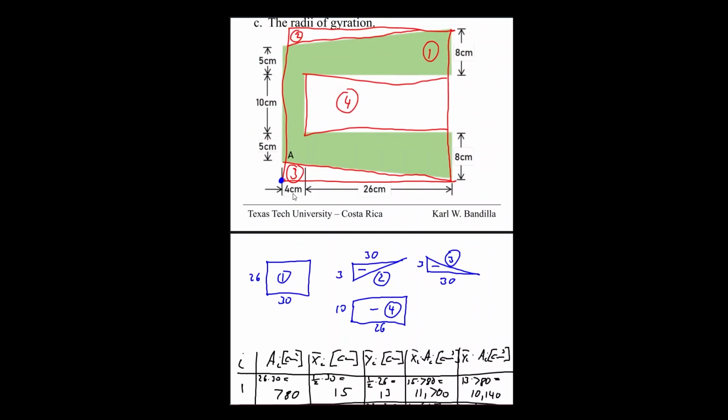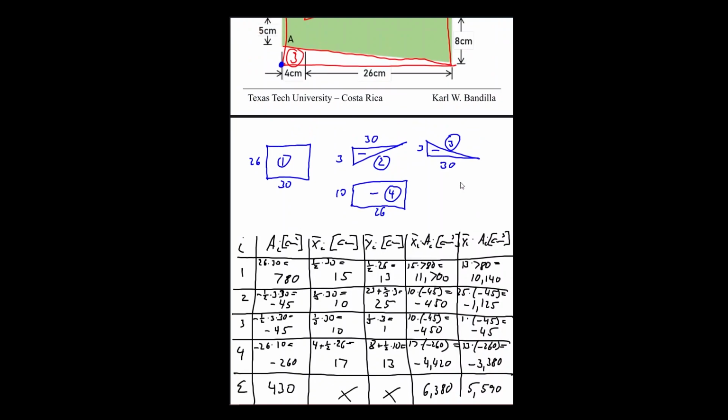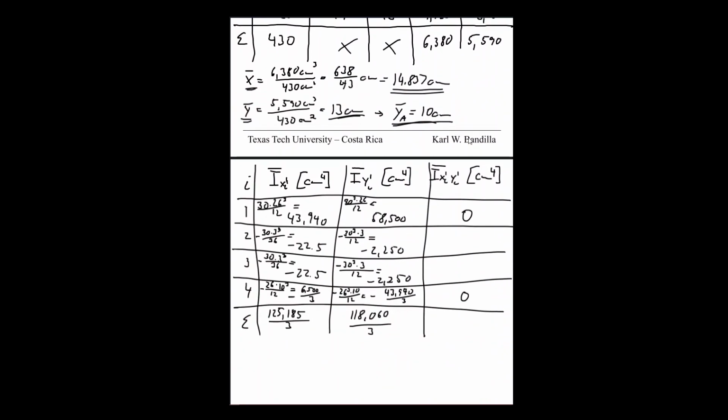Now our Ixy bars. Well, we can start with the two rectangles. There's 0. Always easy. Boom and boom. And then we have to look at our triangles. So this triangle has the corner up here, right? That's one of the ones that is positive, but it's still negative because it's a hole, right? So we have 30 squared times 3 squared divided by 72, and that is minus 112.5.